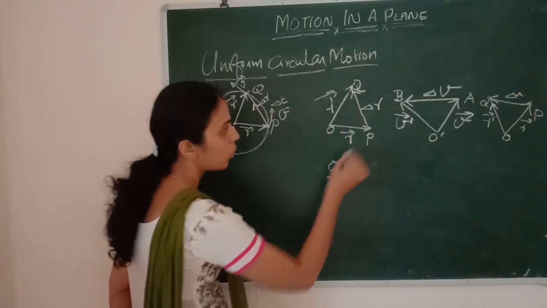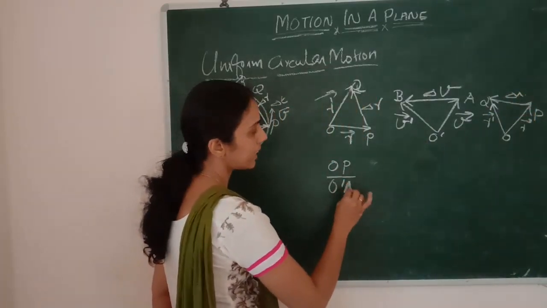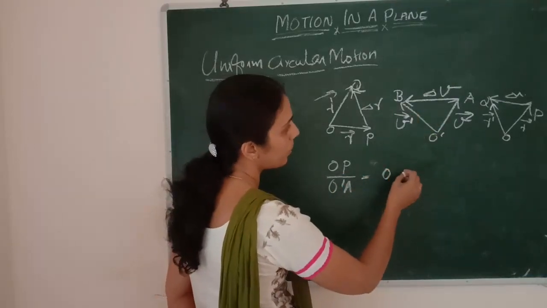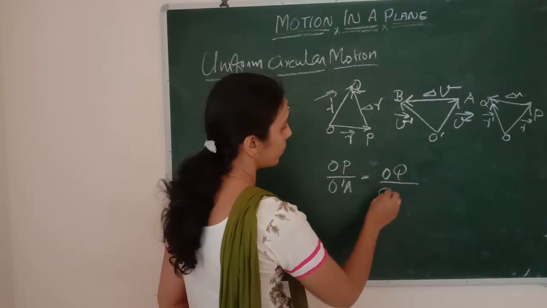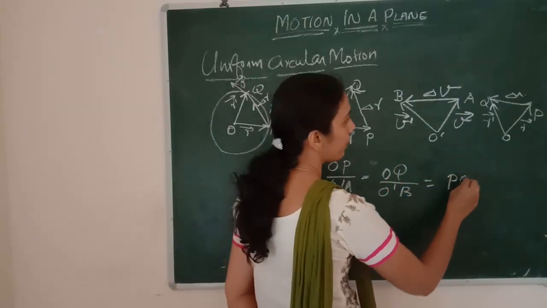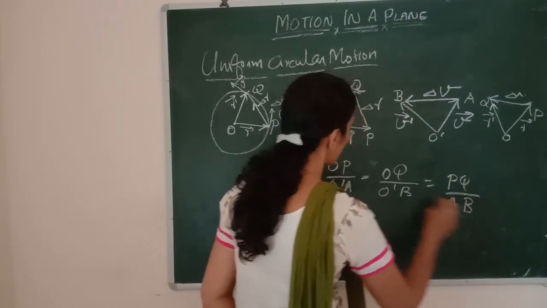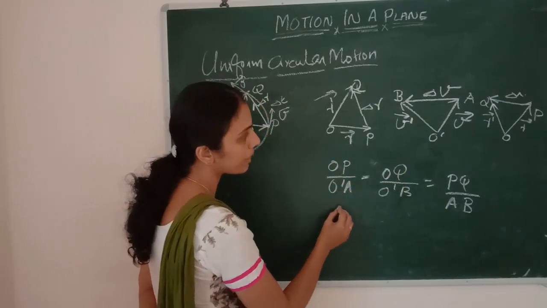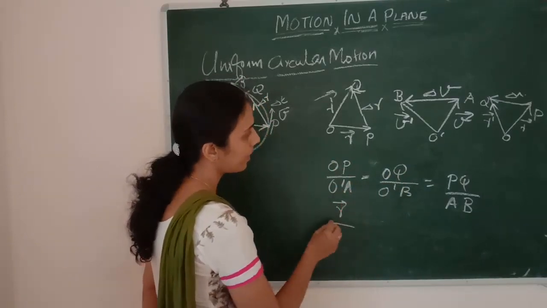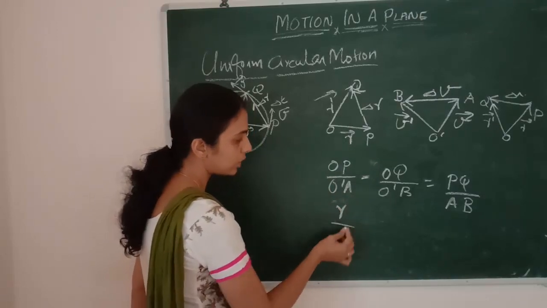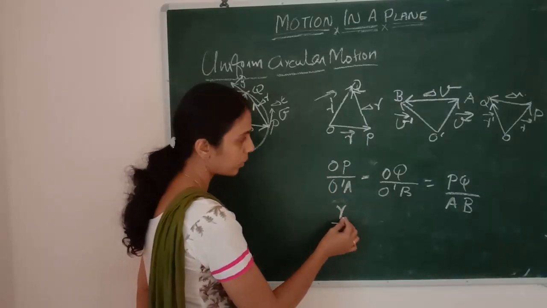Now you tell me, OP divided by O dash A equals OQ divided by O dash B equals PQ divided by AB. If OP is R, here I am taking only the magnitude of the vector, magnitude alone I am considering.